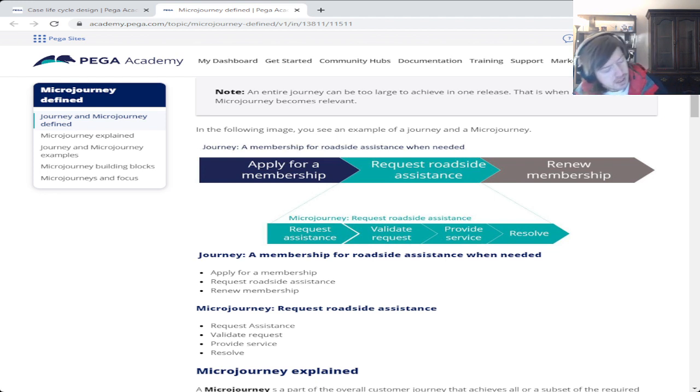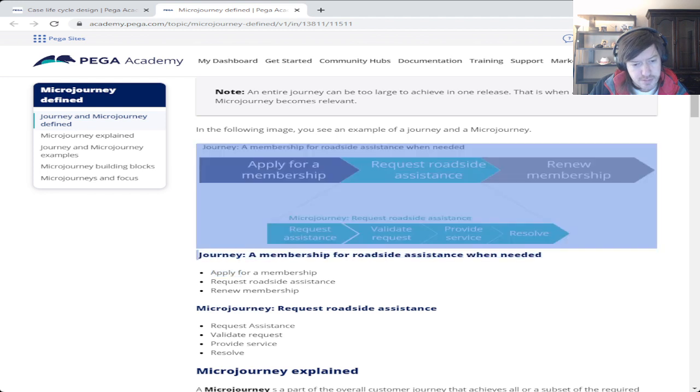Remember how I was talking about the waterfall and in Agile they kind of scale it down for Agile development. Same kind of process here. So this journey here is just a micro journey.